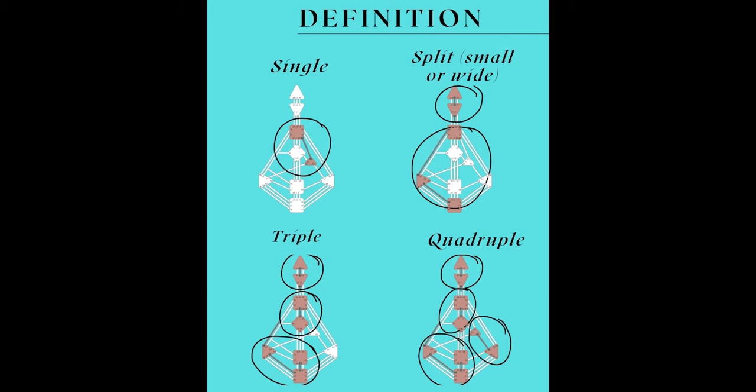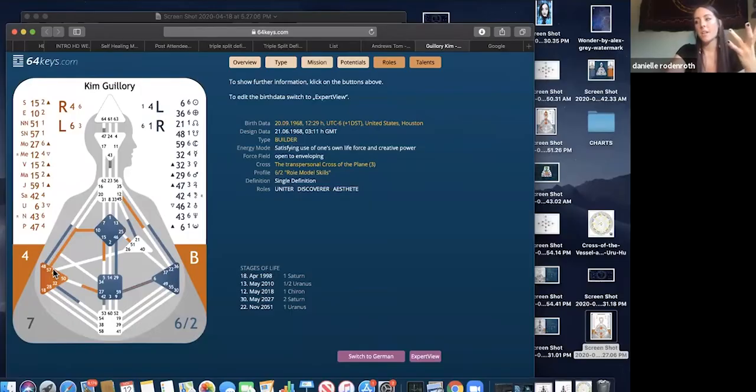So if you have your channels connecting all the way through your centers, you would be a single definition. Single definitions are about 40% of the world. Single definition can already potentially feel whole within themselves. There's not a hole. There's not a space that is missing, right?